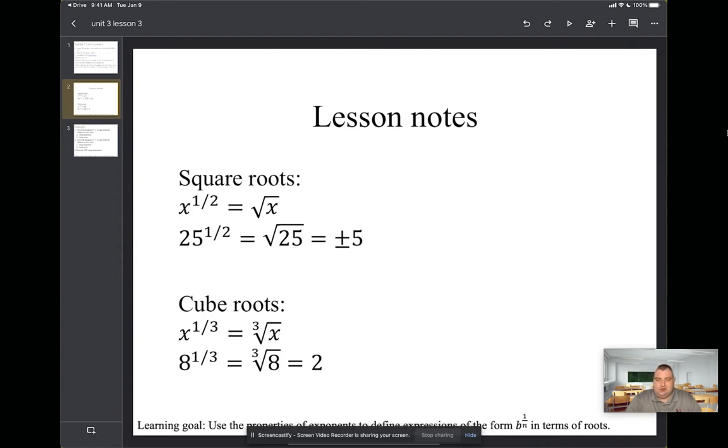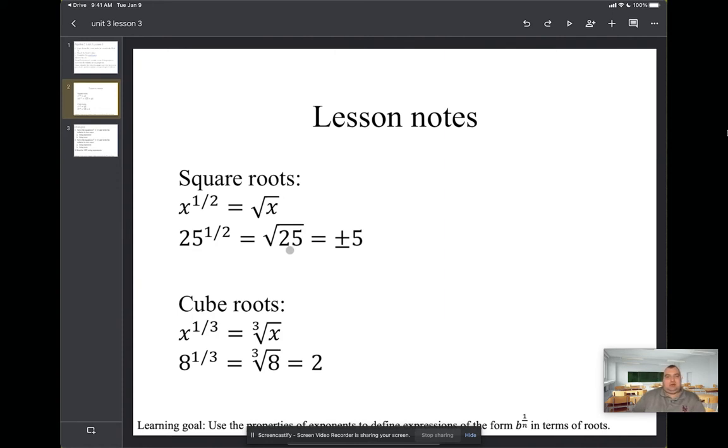And it turns out that square rooting, as it says here on the screen, is the same thing as taking that number and raising it to the power of 1/2. So taking the square root of a number is the same as taking that number to the power of 1/2. I gave an example here that we all know already.